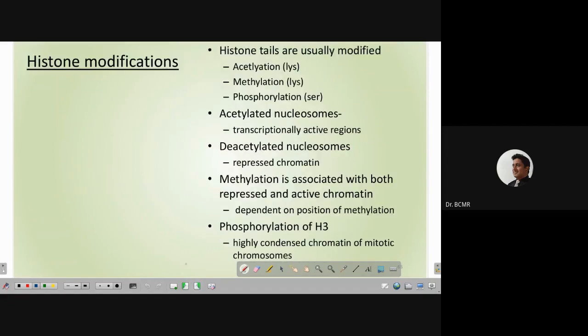So this is one critical part of the chapter where we are talking about histone modifications. That is a big part of epigenetics. In epigenetics, we will learn about it in the later part of this course. But right now, you remember epigenetics as a level of gene regulation, right?